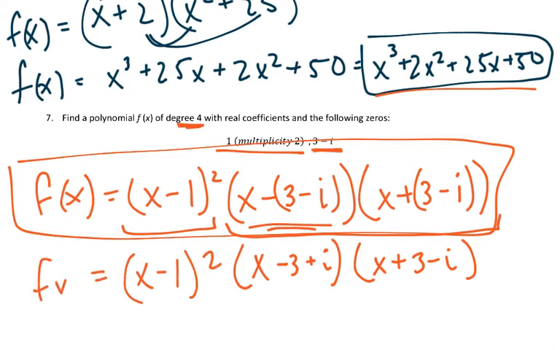So I could write it like this, and then you can multiply it out. And so that is finding polynomials based on their zeros and the zeros' multiplicities, and the fact that if you have an imaginary zero, you also have its conjugate as a zero as well.